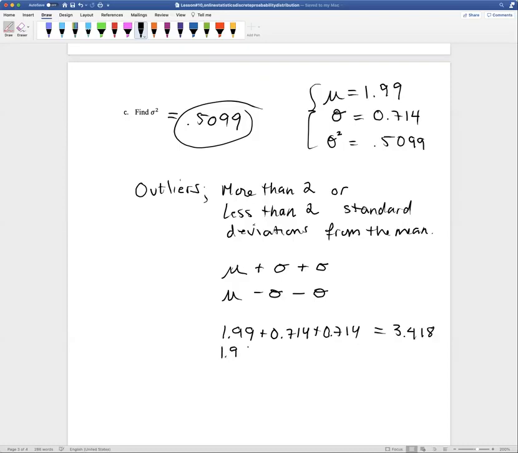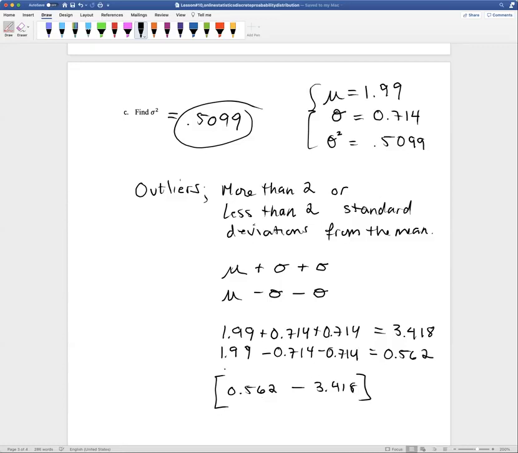And then we take the mean and subtract 2 standard deviations from it, so minus 0.714 minus 0.714, and we get 0.562. So what this tells us is the range of normal values is between 0.562 and 3.418.